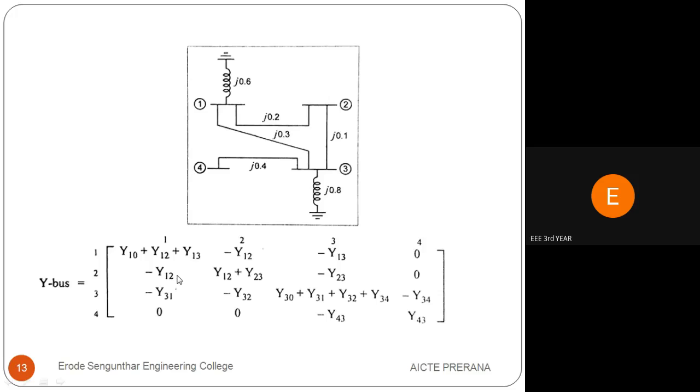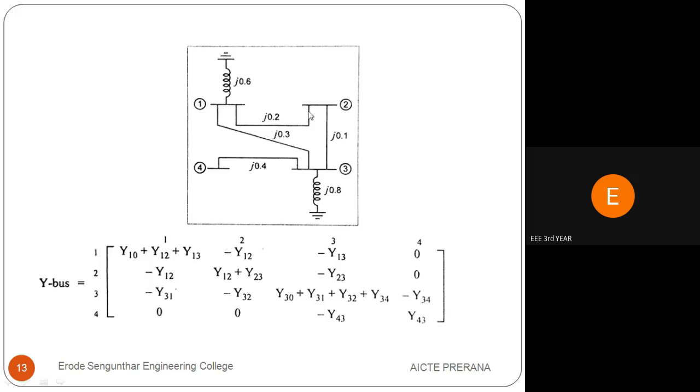Then go to the second row, that is the second bus. In this second bus, 2 elements are available. First you have to consider Y21, so it is considered as minus Y21, and second is Y22.